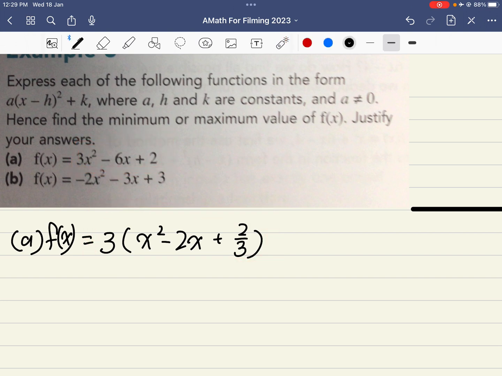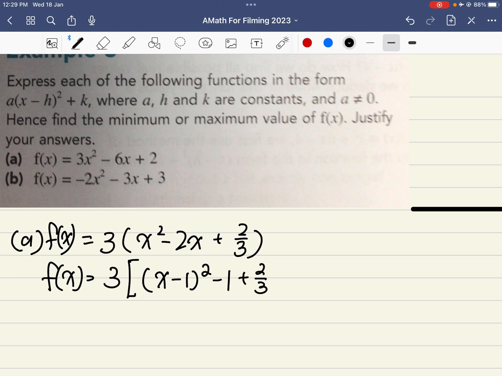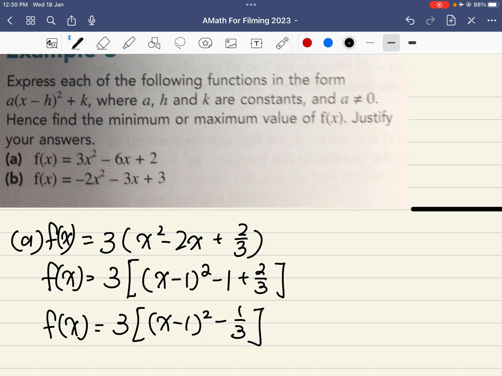Now I start to do completing the square. What I do is 3, I open the big brackets. I will say x minus 1 squared minus 1 plus 2/3. I close my brackets. If I simplify, what I'll get is 3, and here will give me negative 1/3.